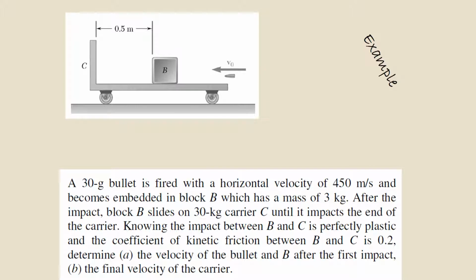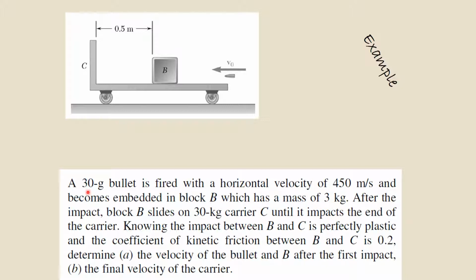Here's an example. We have a 30-gram bullet fired with a horizontal velocity of 450 meters per second, and zoop, it becomes embedded in block B. We're talking a plastic collision. They're stuck together, embedded. And block B has a mass of 3 kilograms, quite a bit larger.